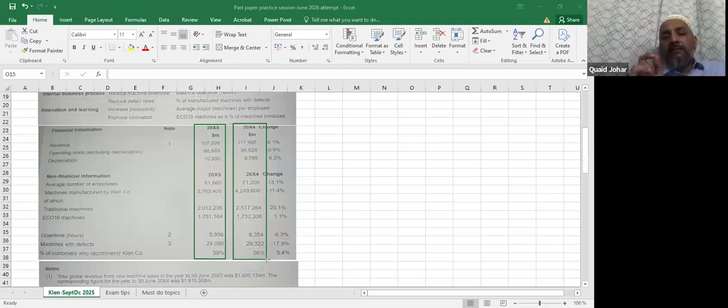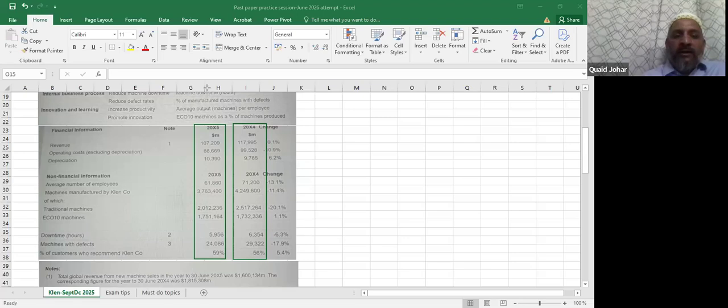A main key factor in performance measurement is that you have to compare the numbers for the current year with either the prior years, or with the industry average, or with the competitors, or with the budgets. Without comparison, you can't come to know whether the data for this time shows improvement or deficiency or deterioration. So in order to know whether the performance is good or not, we need to compare it with something, for example, comparing 2005 with 2004.